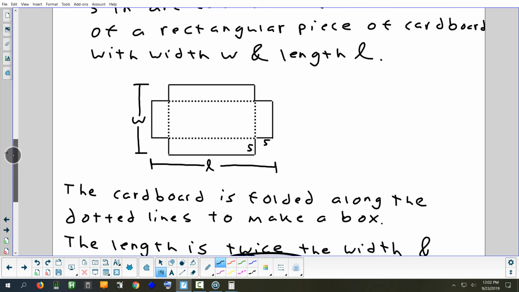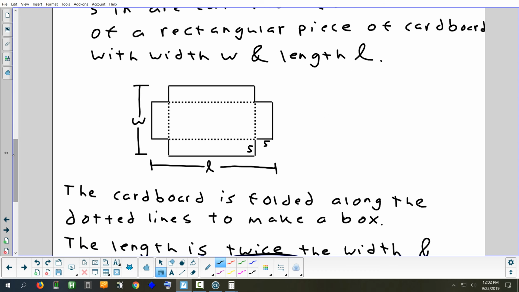But look at your length here. Once you fold it into a tray, that part is all that's left. So originally it was L. Now how much shorter is it on each side? 10. So minus 10, right?